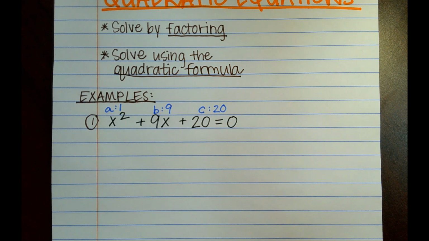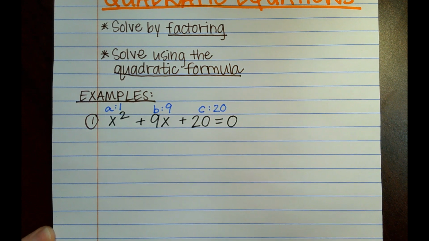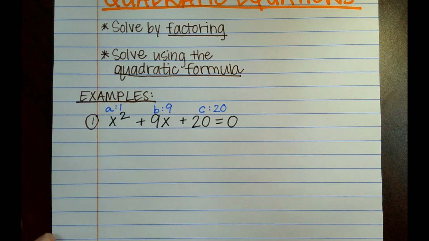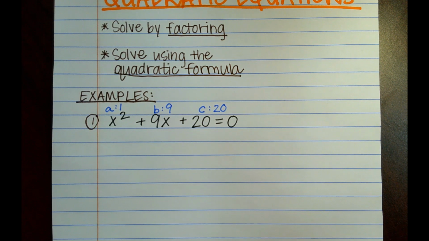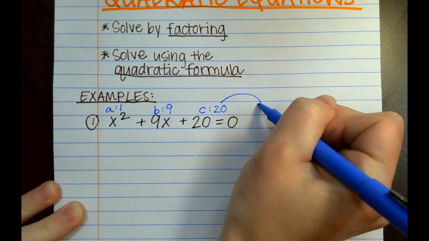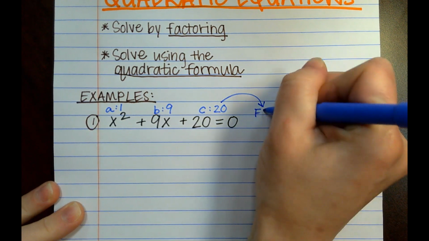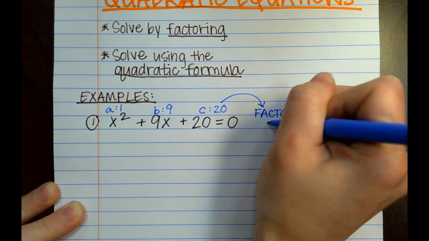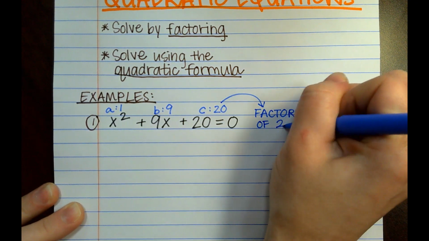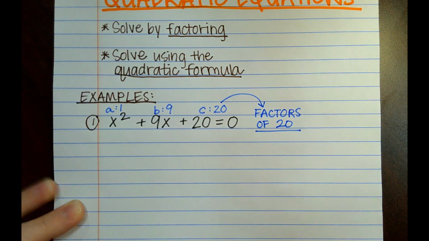What do we do from here? Oh, we go back to 20. Yes, we want to find what numbers can we multiply together to make 20. We're going to list out the factors of 20, just like we've been doing.